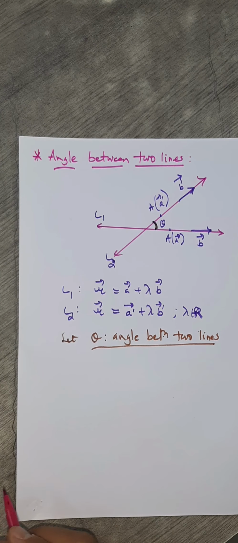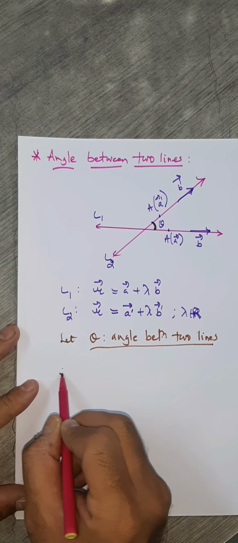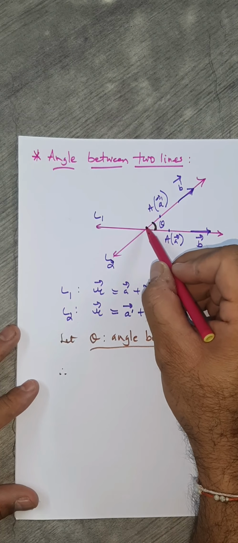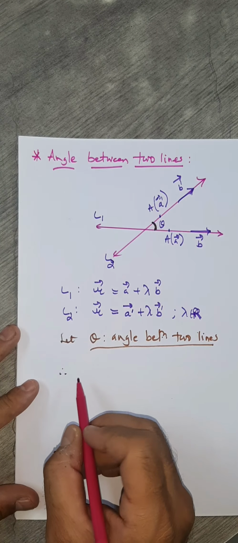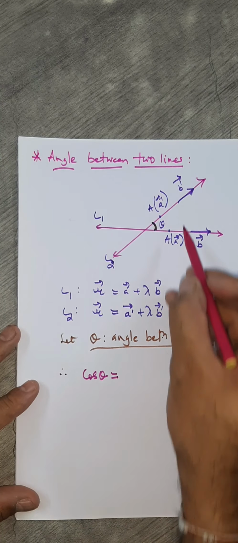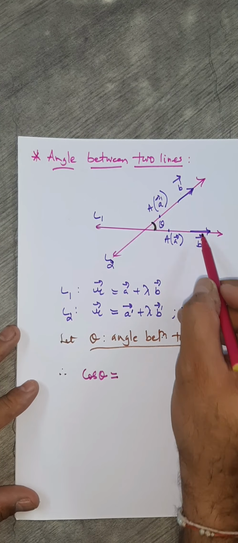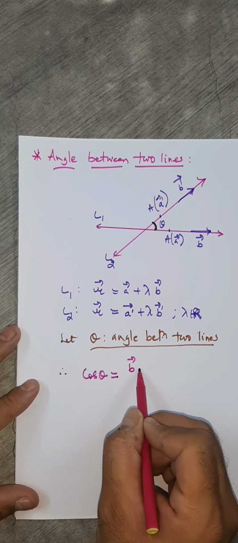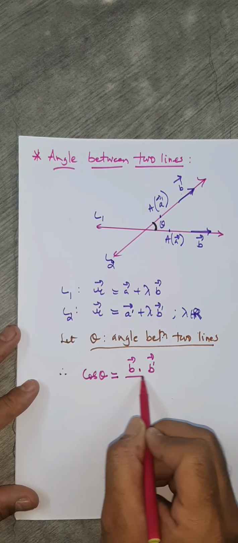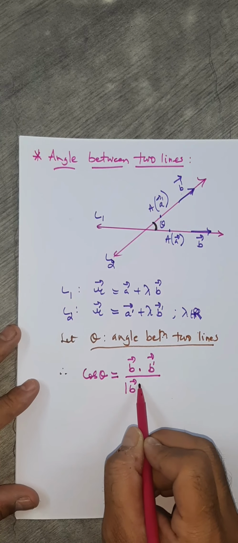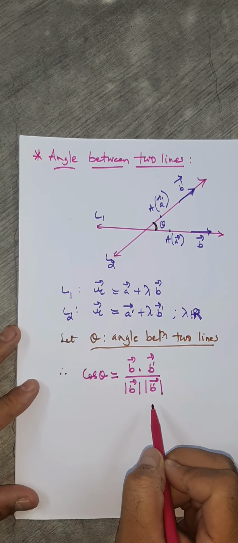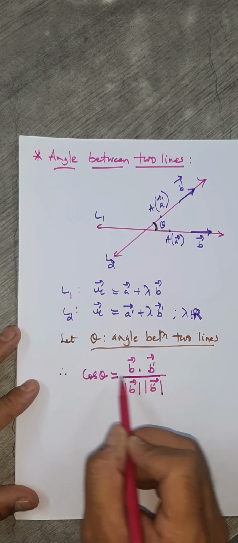Now here the formula just comes from the vectors only. You recall the angle between two lines is the same as the angle between the direction vectors. What's the formula? If you remember, cos theta equals vector B dot the direction vector of the other line, that is B dash, upon their magnitudes. This formula just comes from the formula of the angle between two vectors, but with a little modification.